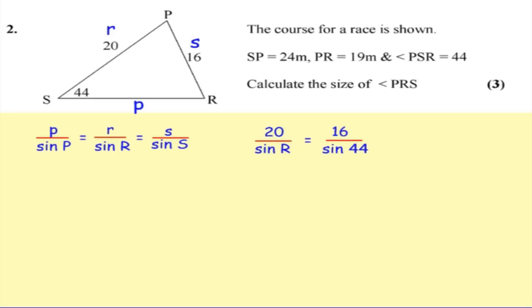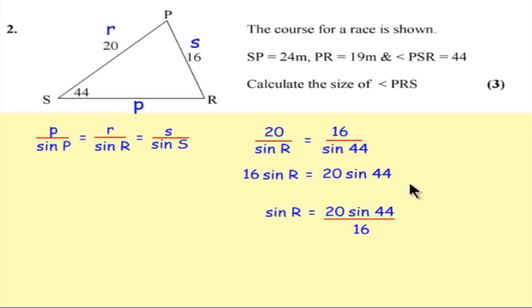We can then cross multiply, and we get 20 times sine 44 is the same as 16 sine R. And we can now divide the 16 over on the right hand side to tell us that sine R is 20 sine 44 divided by 16.